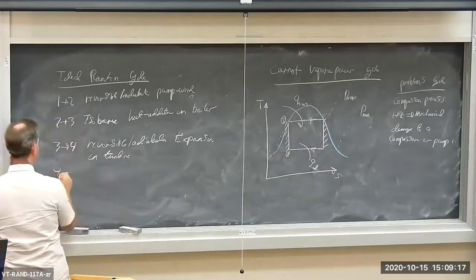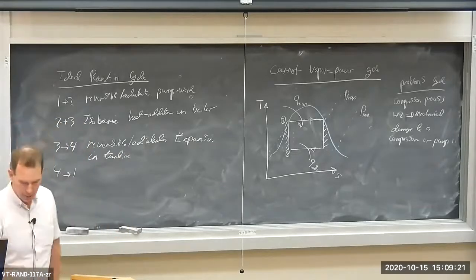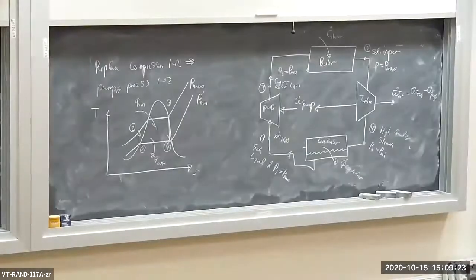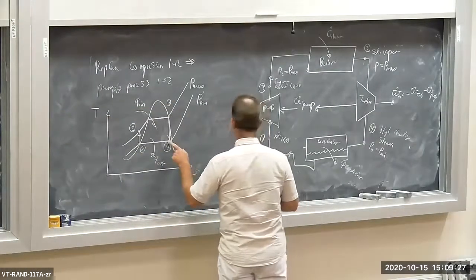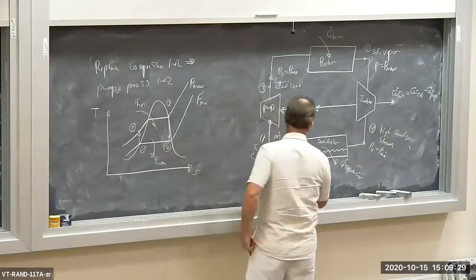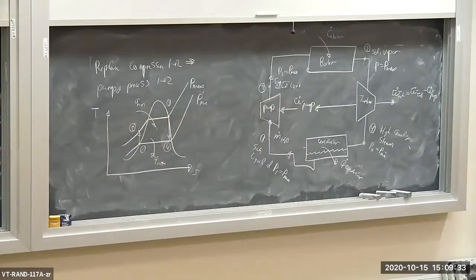And then once we leave the turbine, we have to go back to state 1. So we end up with a saturated mixture, primarily vapor, but just a little bit of liquid. We have to go back to the saturated liquid by extracting heat and condensing the vapor back into a liquid.